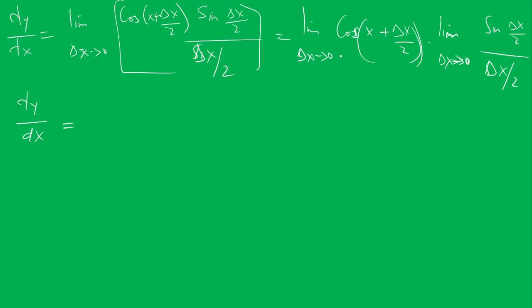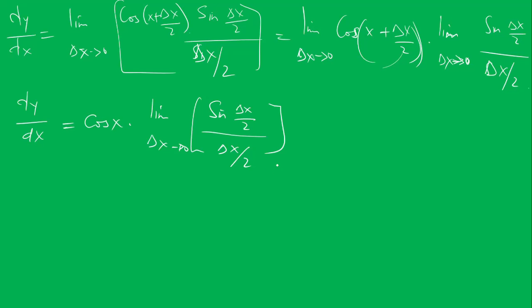So this limit will just tend to cos x times the limit of delta x tending to 0 of sine of delta x all over 2 divided by delta x all over 2. This limit is equal to 1. But let's prove how it is equal to 1.